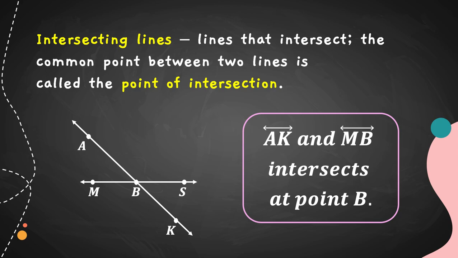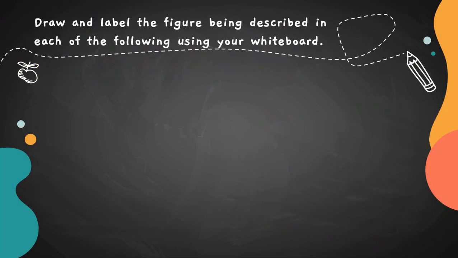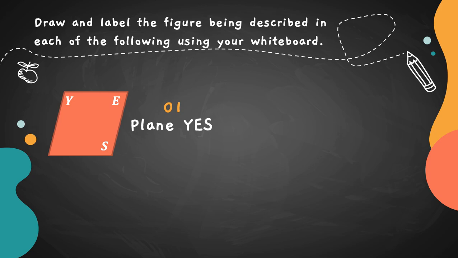Okay, so let us have some examples. Let's see if you can draw and label the following as described, with the use of your whiteboard or simply your scratch paper. Plane YES: just draw a flat surface and put the letters YES on the corner of your figure. Next, point D: to illustrate point D, just draw a dot and then a capital letter beside it.